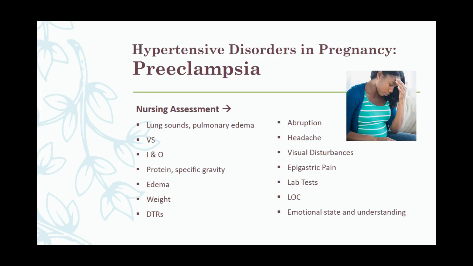And this is an indication that their central nervous system is getting way overstimulated. The more hyperreflexic these people are, the closer they are to seizing. These guys are at risk for abruption. They will complain of headaches and visual disturbances. They might have epigastric pain.